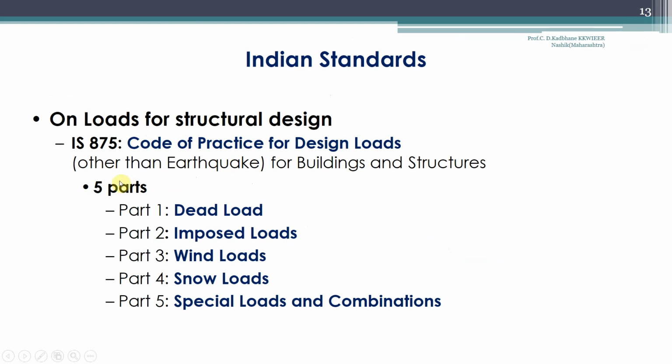But let us learn how many parts there are in IS 875. So for 875, part 1 is dead load, part 2 is imposed loads, part 3 is wind loads, part 4 is snow loads, and part 5 is special loads and combinations.